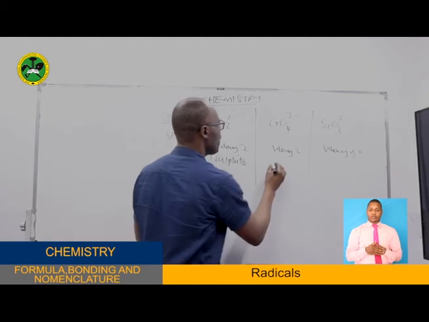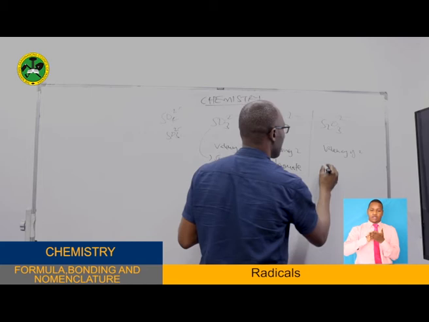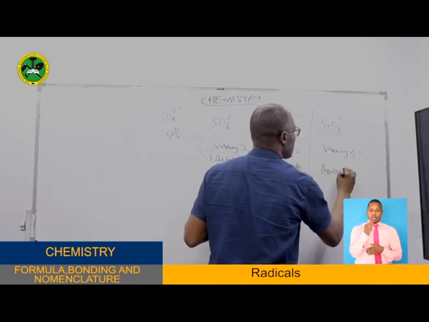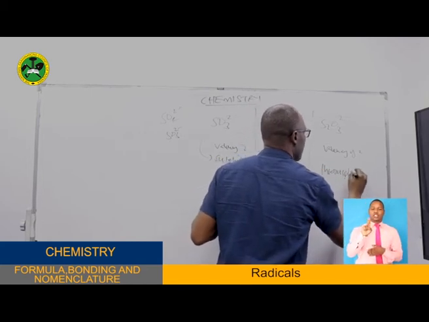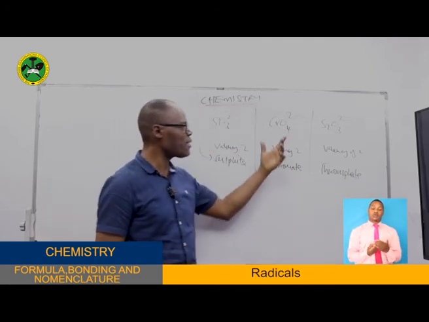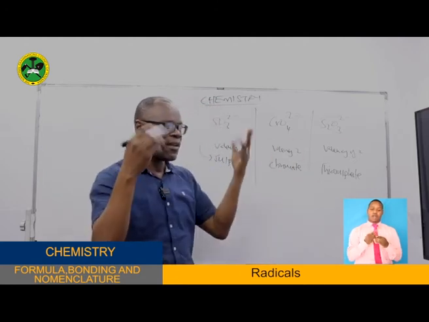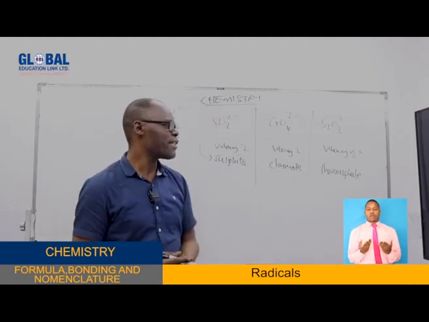This one is called a chromate, and this one is called a thiosulfate. From experience, if you're using these radicals quite a number of times, then these things will always be at your fingertips when writing formulas.